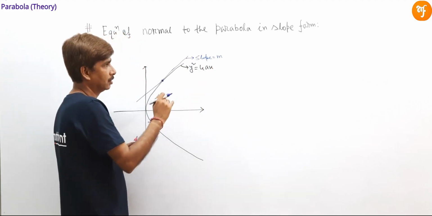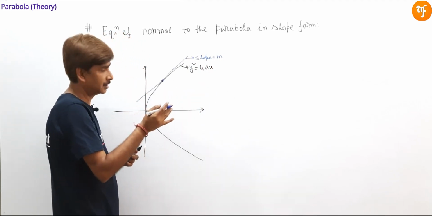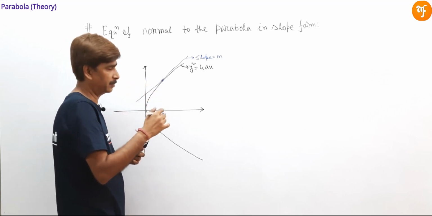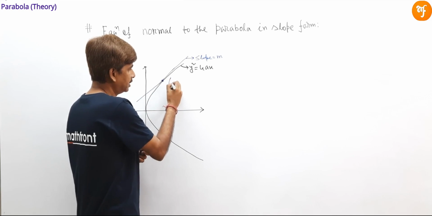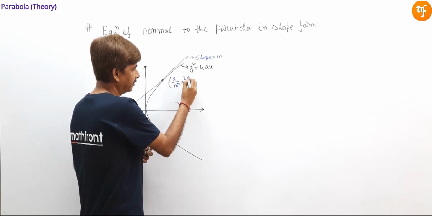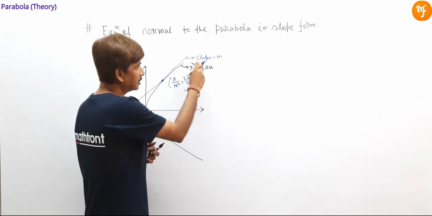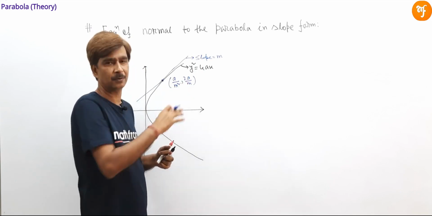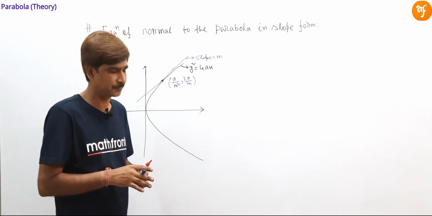then what will be the point of contact? The point of contact will be a by m square comma 2a by m. So when the slope of the tangent is m, that is with respect to m, the point of contact is this, we know it.